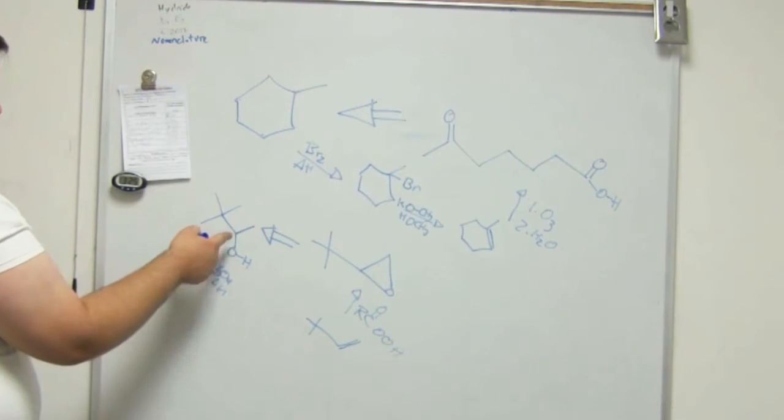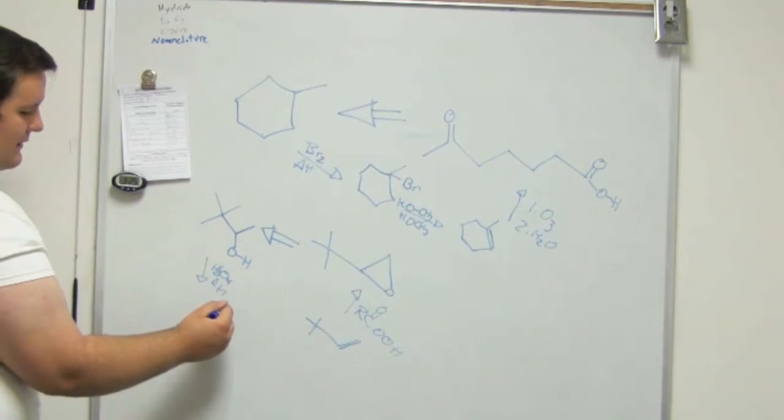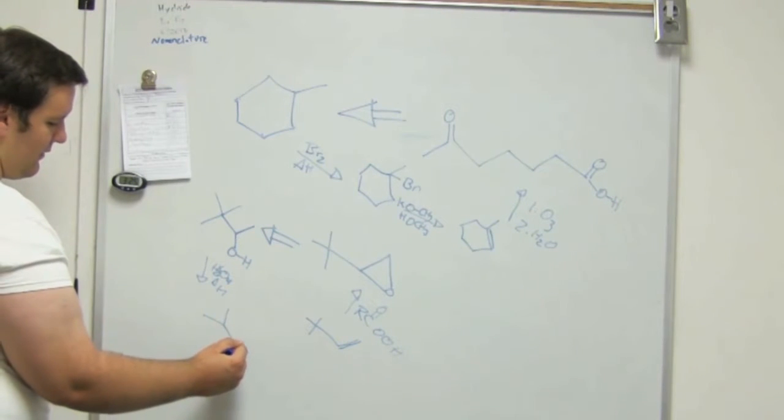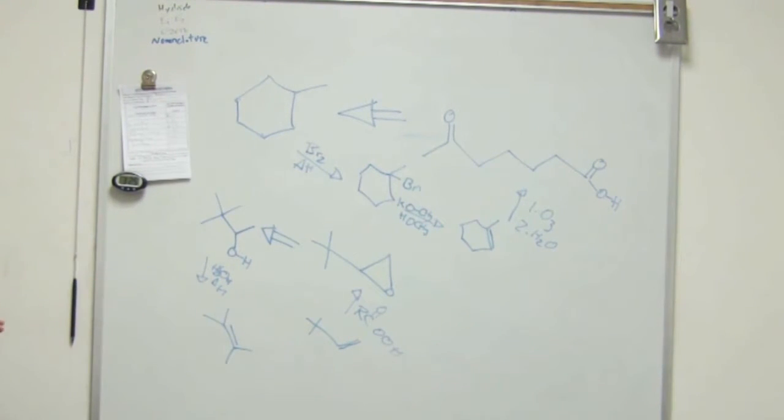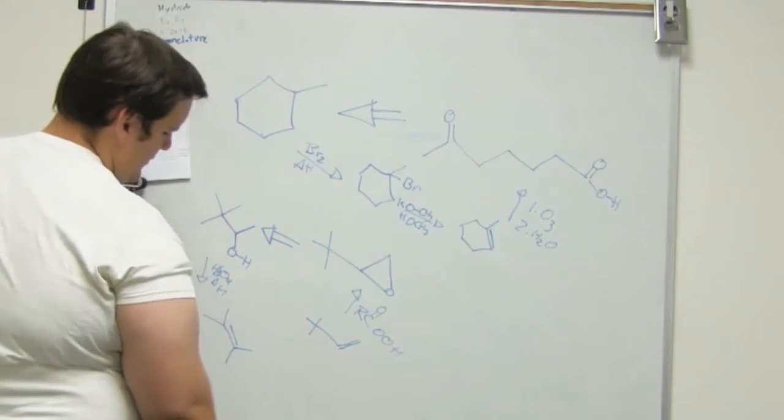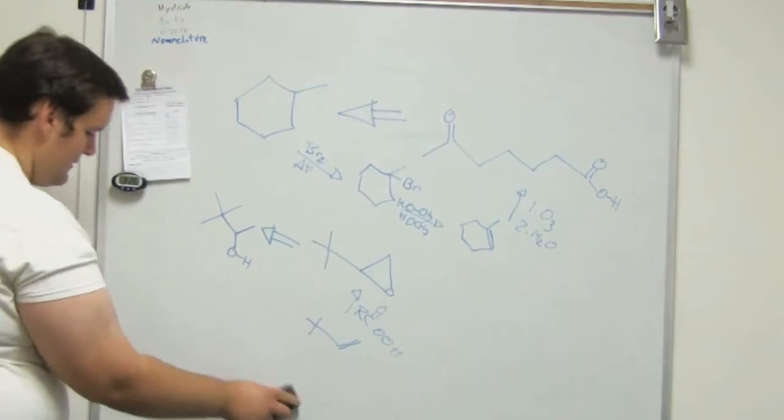Oh, but we'd get a carbocation intermediate, so that means our double bond would look like that, because of the methyl shift. Because we'd have a carbocation. So we can't do that.